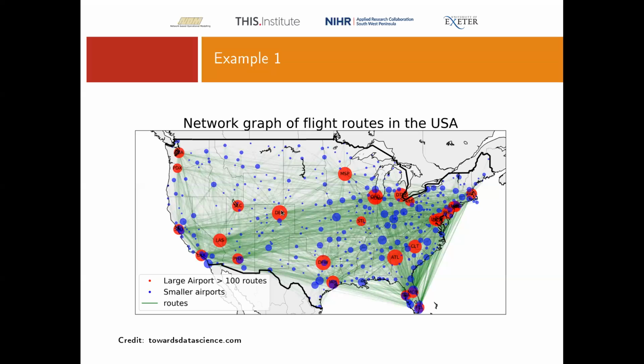And then the green lines in between are all the routes that they're flying between the different airports. So you'll hear today the terminology of nodes, which are the red and blue dots, and the green lines are our edges that are connecting between the airports. They're the routes. So the connections are the edges, and the points that you're going between are the nodes.